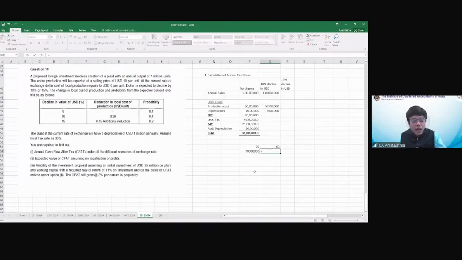Now if I have to do the same here, what will happen? I will have to multiply by 63. Right. Because strictly speaking, my cost in USD is going to be 10 lakhs only. So essentially here it will be 10 lakhs into 63. If you compare, by how much did my cost decrease? By 10%. So for me, because I am an INR guy whose currency has appreciated, depreciation has reduced by 10%.